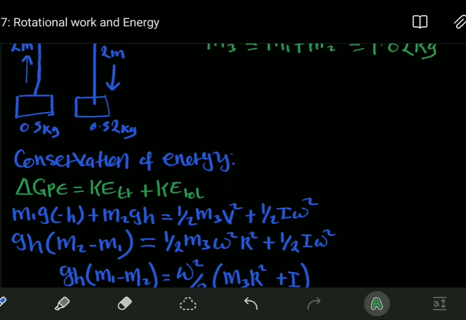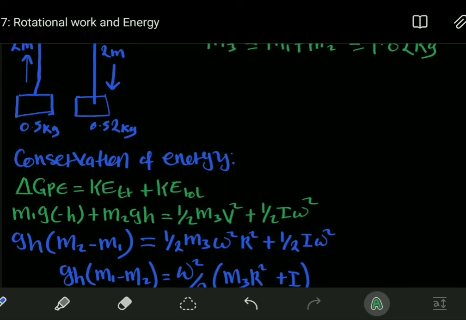So we have m1 g times negative h, because it's going downwards, plus m2 g h, since m2 is gaining potential energy. This equals the total kinetic energy for both objects, half m3 v squared, plus the rotational kinetic energy of the wheel.